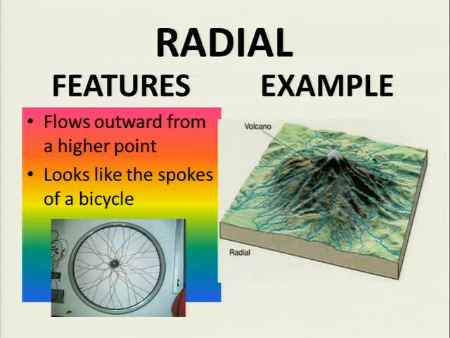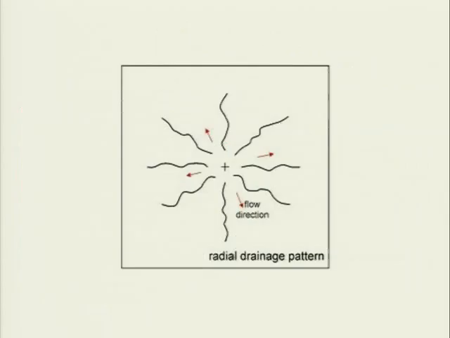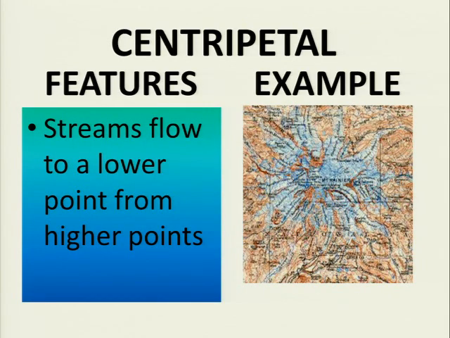All right, let's go back quickly. Guys, I'm going to do the radial and the centripetal pattern because that will make it easier for you to understand. If we look at the radial pattern, remember that is the pattern flowing outwards from a higher lying area. So we've got a higher point in the middle and it's flowing downward, outwards. With the centripetal pattern, it is just the other way around. We have a higher lying area around and it is flowing downward to the center.